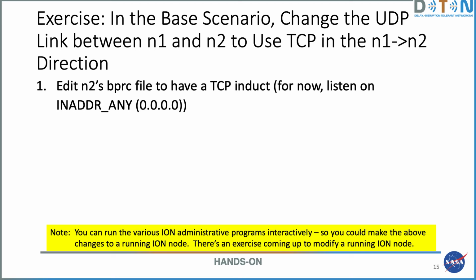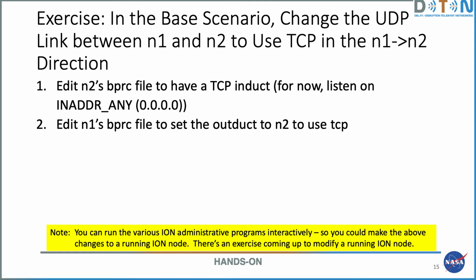So the first thing to do is to edit N2's bprc file so that it has a TCP induct, and just go ahead and listen on INRC. And then we're going to edit N1's bprc file so that we change the outduct that it uses to talk to N2 to use TCP instead of UDP.